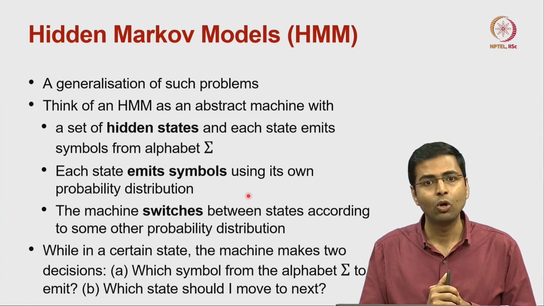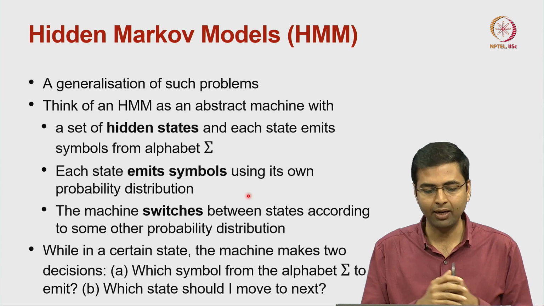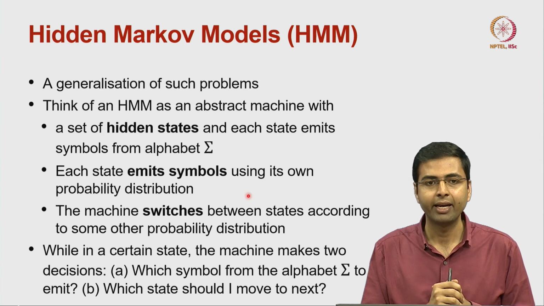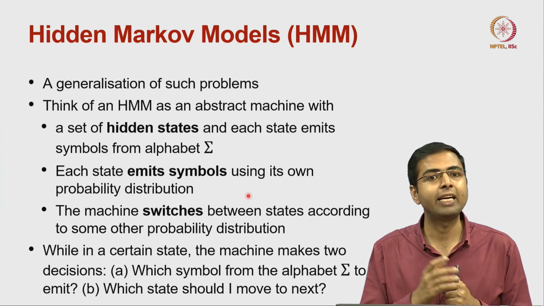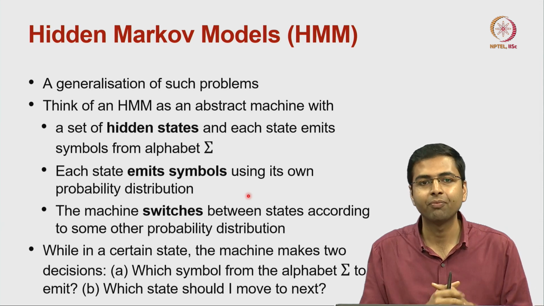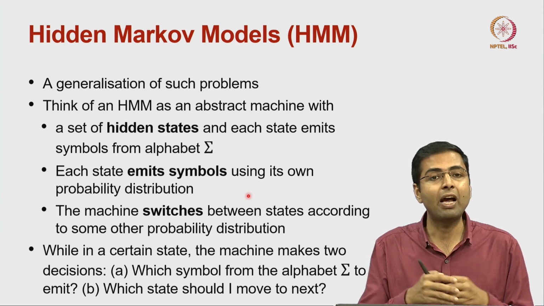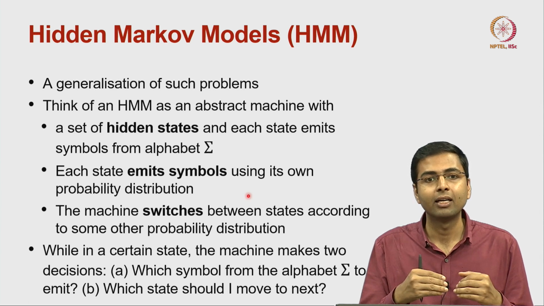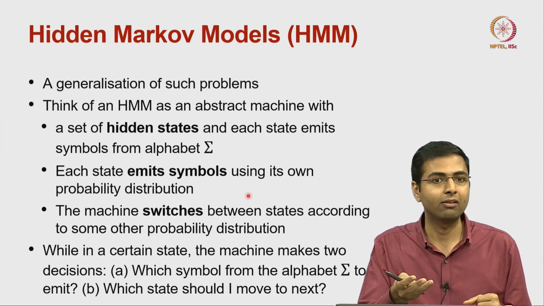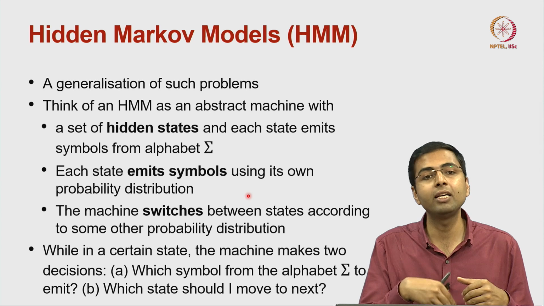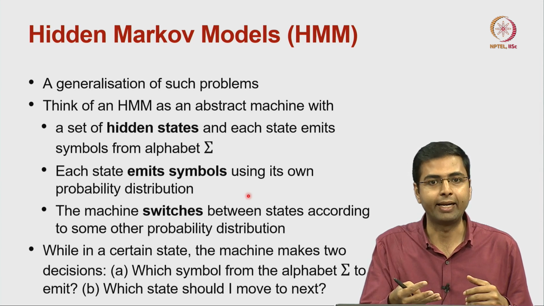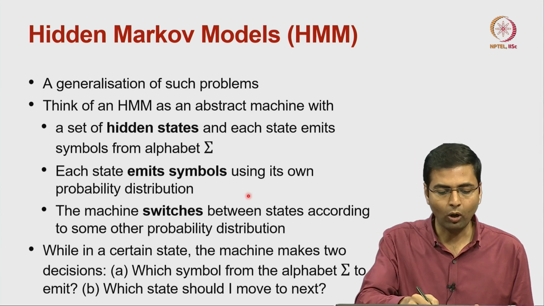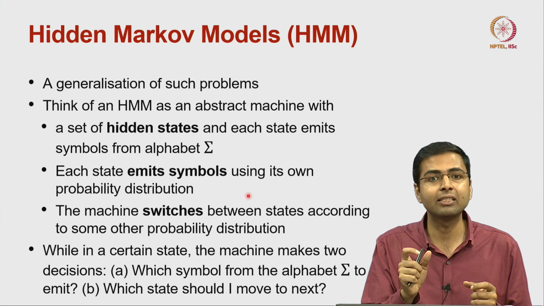One, which symbol from the alphabet sigma to emit, and second, which state should I move to next. That is, if I am currently using a fair coin, then should I be using a fair coin next or should I be using a biased coin next. These are the two choices that the machine makes at each point.